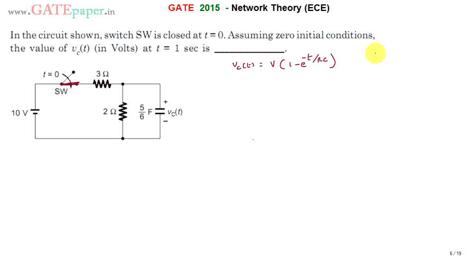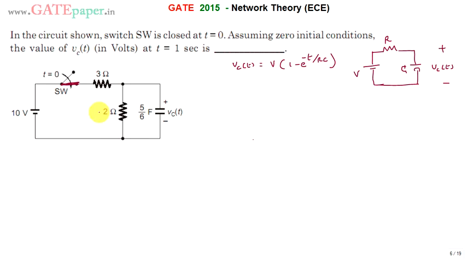This equation is valid for a simple RC circuit, where the voltage across the capacitor is supplied with a voltage V, through a resistance R and capacitor C.